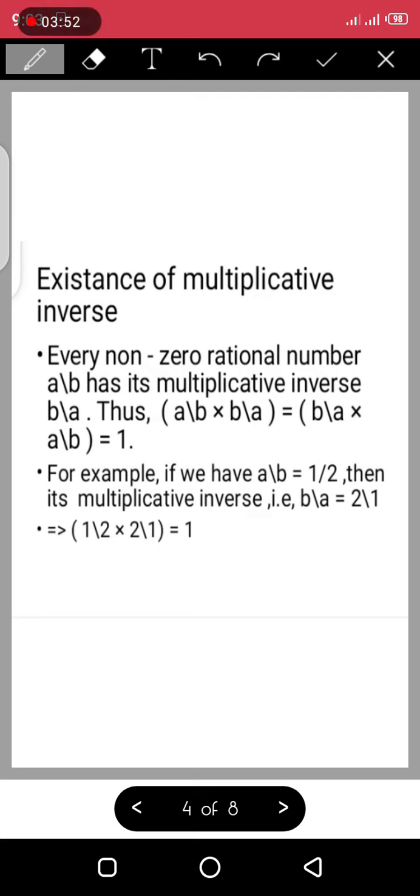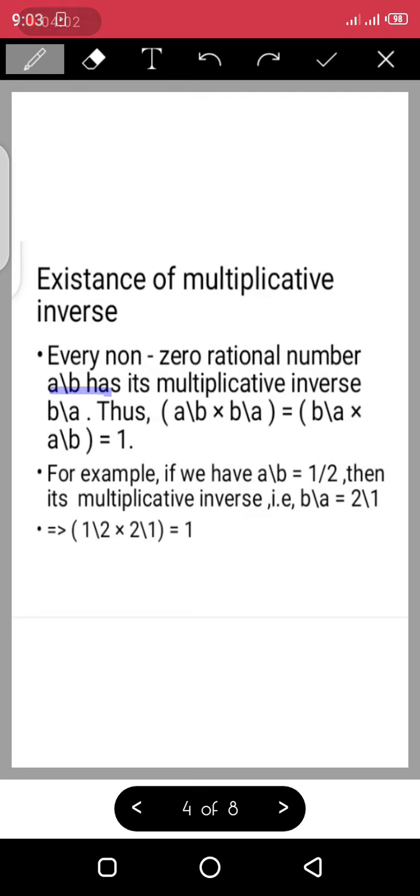So here it says that if a rational number is in the form a/b, that is a non-zero rational number, then its multiplicative inverse is b/a.